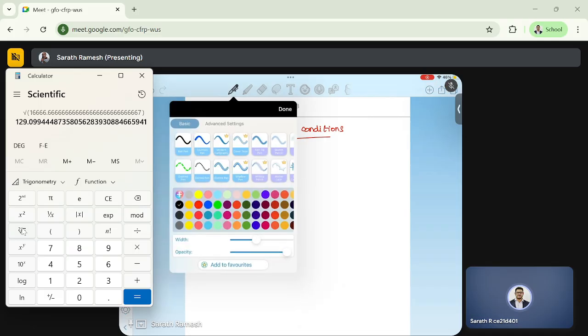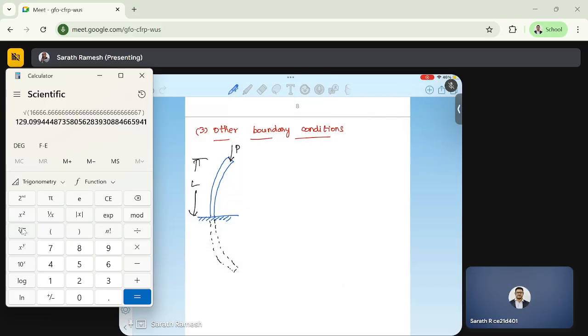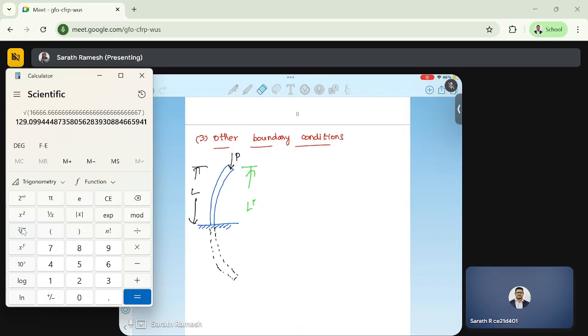the only change would be in the effective length. Here, the effective length is 2L. Okay, this is LE, the distance between 2 points of inflection. So LE is 2L.